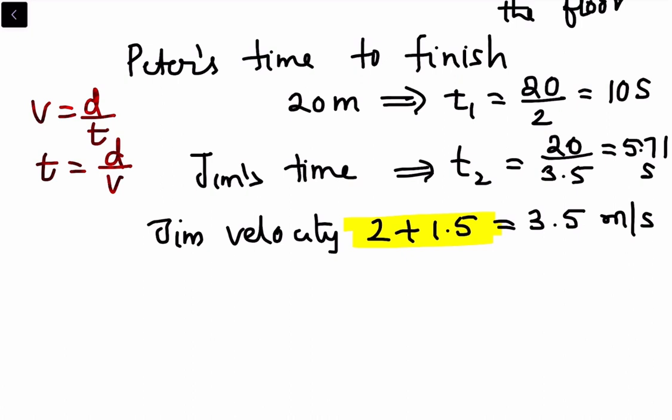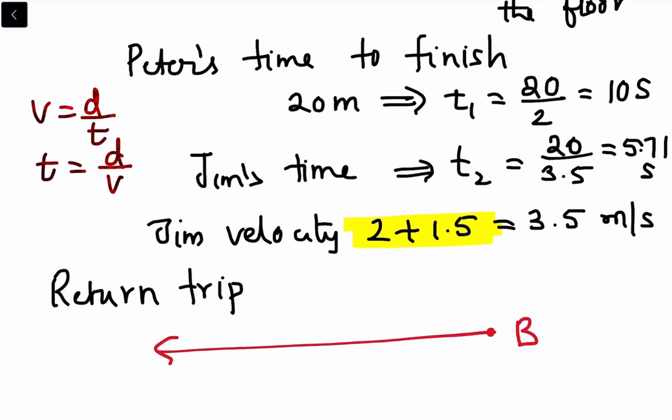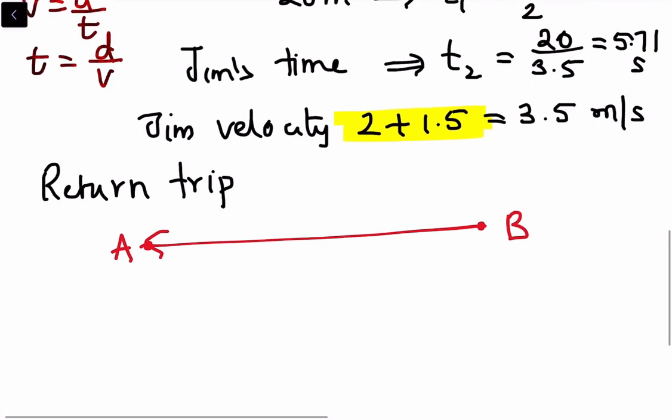Then let us see, while coming back, let us take it as the return trip. While coming back, this is from B to A. Now what happens here? Let us observe.